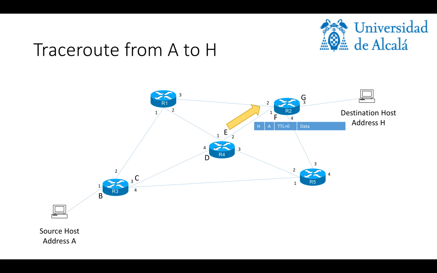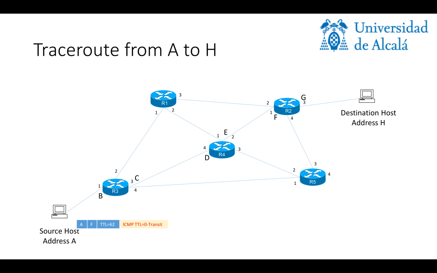So now the packet is going to be dropped, and a TTL expired ICMP packet is going to be sent back to A from address F. And you can see it travel with the adequate decrementation of the TTL values.